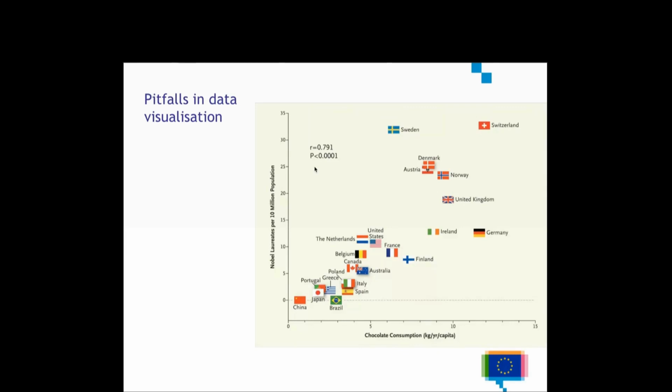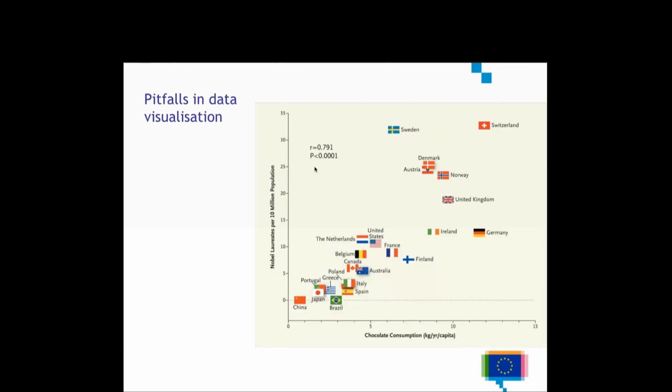And as you can see, there is a very clear correlation. If you have countries where the chocolate consumption is high, then you notice that those countries also win a lot of Nobel Prizes. But of course, you cannot say that we should just stimulate the chocolate consumption in countries so they will win more Nobel Prizes.